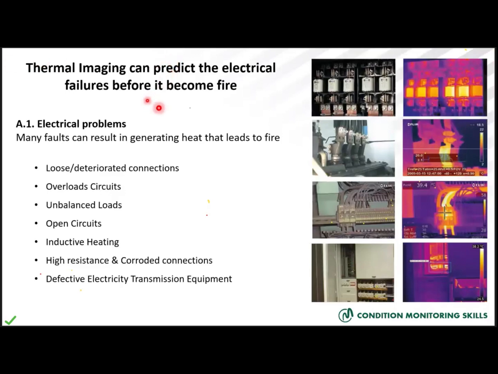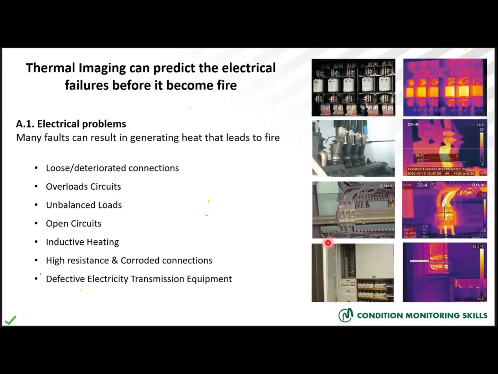The electrical problems, or evidence of defects, that can be detected by thermography include loose connections, deteriorated connections, overloaded circuits, unbalanced loads, open circuits, indicative heating, high resistance, corroded connections, and many other defective electricity transmission equipment.